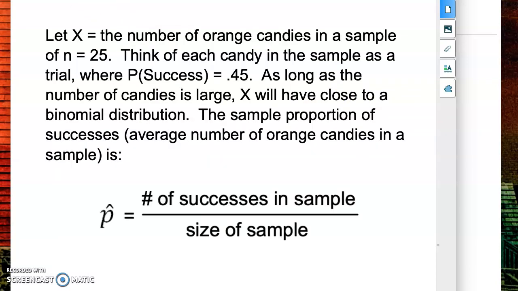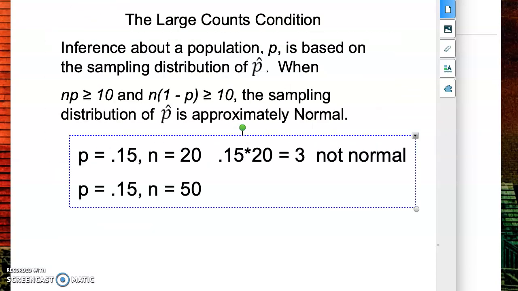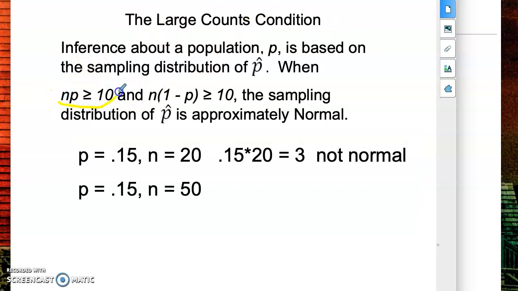All right, I'm going to skip this slide. It's just repetitious. Okay, so the large counts condition says when these conditions are met, so when np is greater than or equal to 10 and n(1 minus p) is also greater than or equal to 10, the sampling distribution is approximately normal.